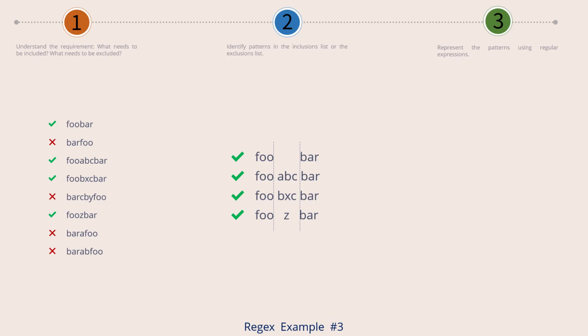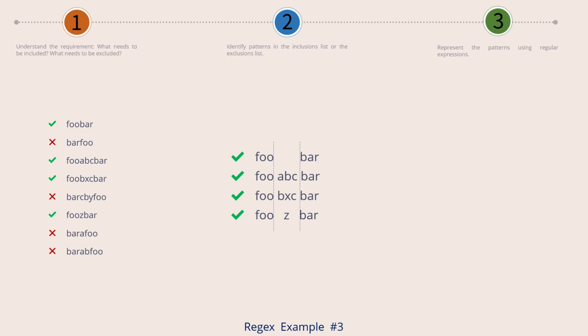The last section is also fixed. It's bar for all strings. In the middle part, we have the pattern. We have no letters in the first one, 3 letters in the second, 3 letters in the third, and 1 letter in the fourth. So the pattern is any number of any letters.